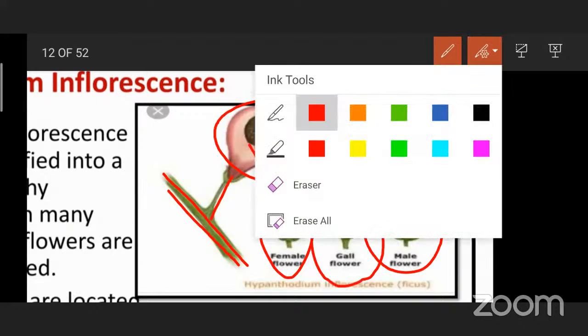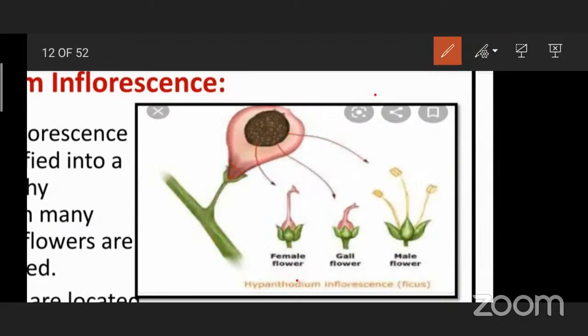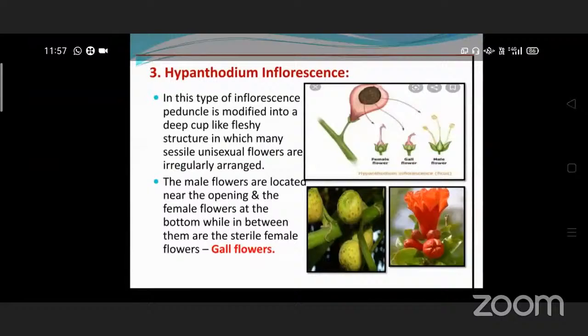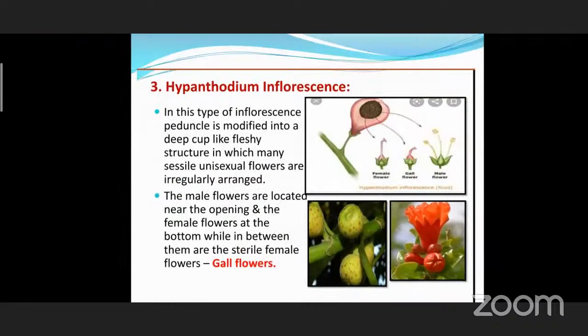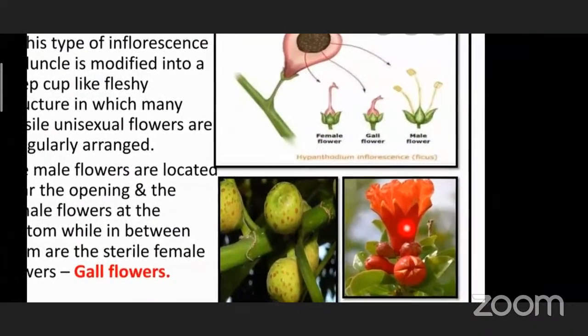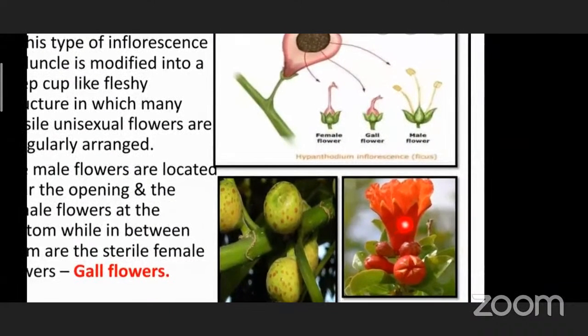This is an example, banyan tree, scientific name Ficus bengalensis. Another example, see here, this is fig, scientific name Ficus carica.